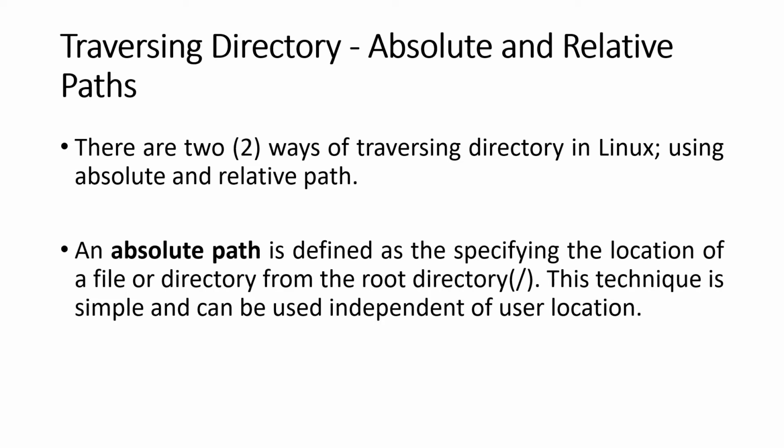So we are going to follow the path from the root. Okay, so this technique is simple and can be used independent of user location. So it doesn't matter what directory you are in. Okay, if you use this absolute path, you are able to maneuver. You have basically the right way to traverse from one directory to another directory.